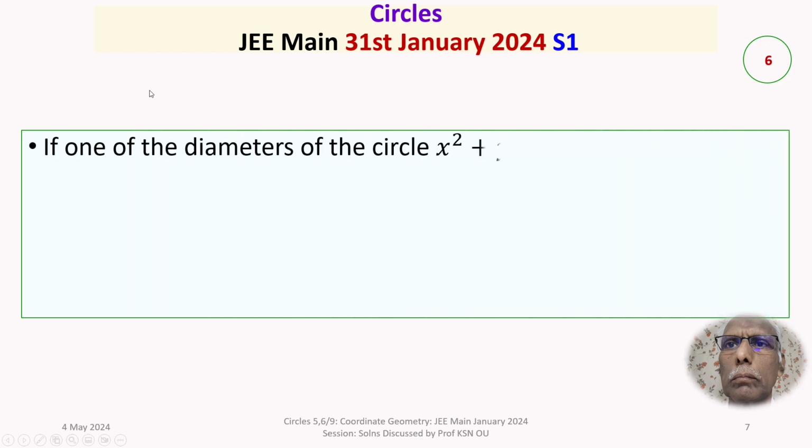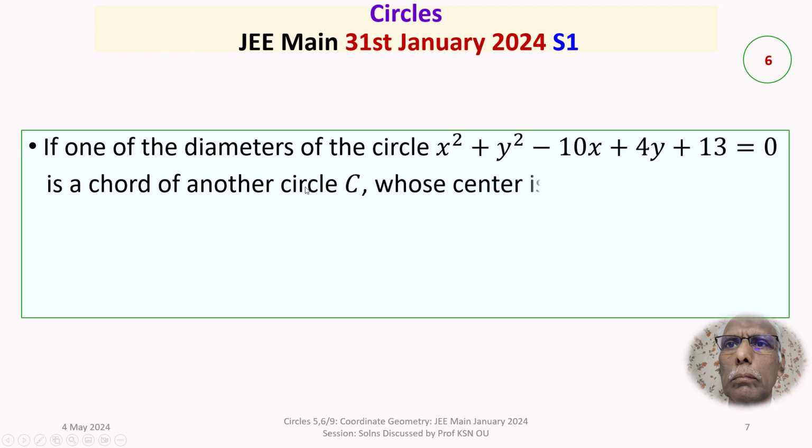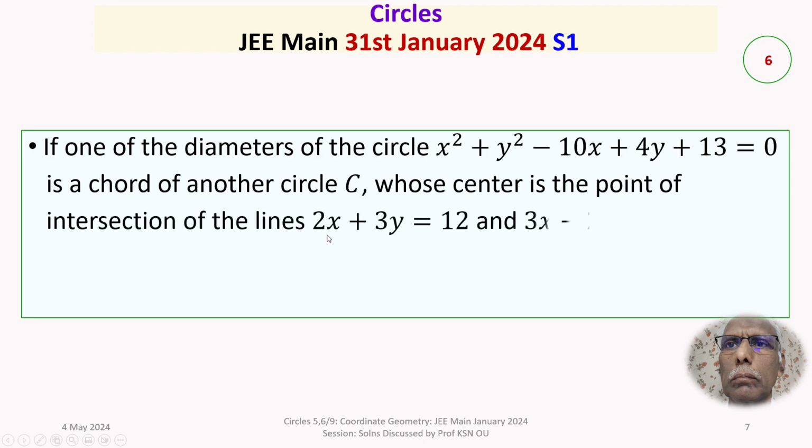The given question is, if one of the diameters of the circle x square plus y square minus 10x plus 4y plus 13 is equal to 0 is a chord of another circle C whose center is the point of intersection of the lines 2x plus 3y is equal to 12 and 3x minus 2y is equal to 5.